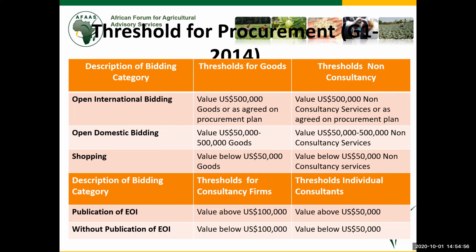In this threshold, we are saying all procurements above $50,000, you publicize an expression of interest. And below $50,000, it is without publication. Publication means an official gazette where you publish information.